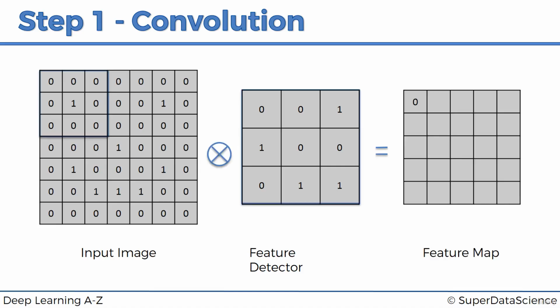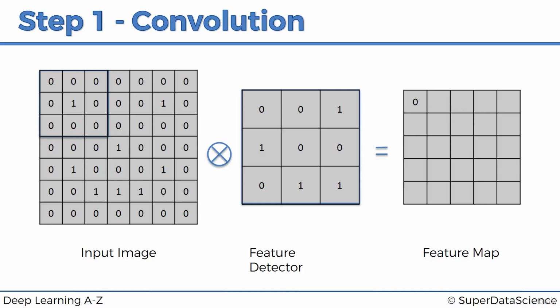A convolution operation is signified by an X in a circle, just as you saw in the formulas before. On an intuitive level, to think of it in terms of what is actually happening in the background rather than the mathematics, you take this feature detector or filter and you put it on your image, like you see on the left.